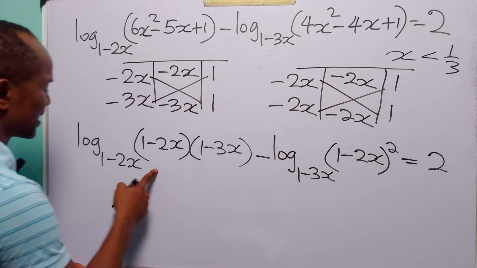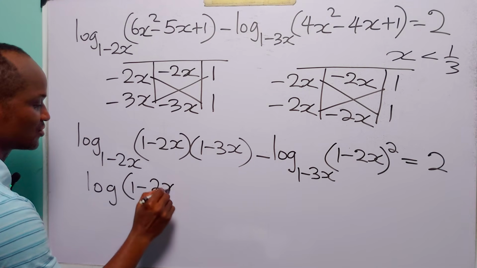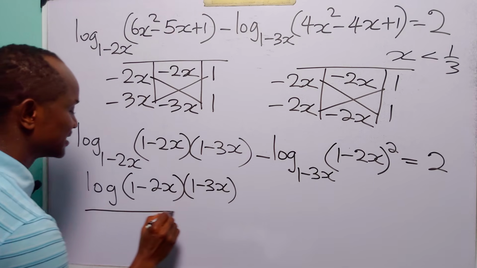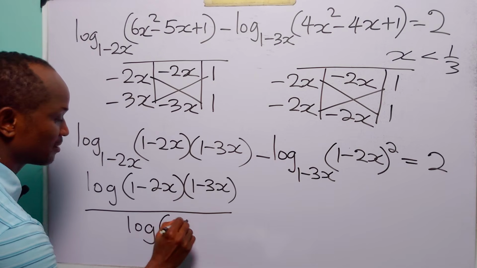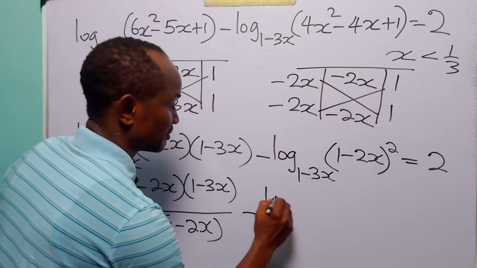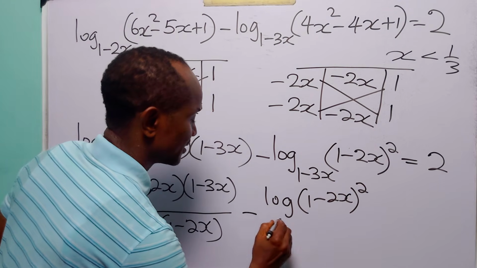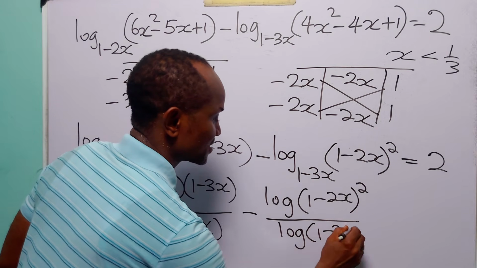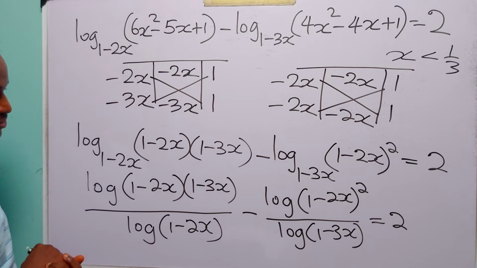Applying the change of base formula, here we have log of 1 minus 2x times 1 minus 3x divided by log of 1 minus 2x, minus, here we have log of 1 minus 2x squared divided by log of 1 minus 3x. And of course, on the right hand side, we still have 2.